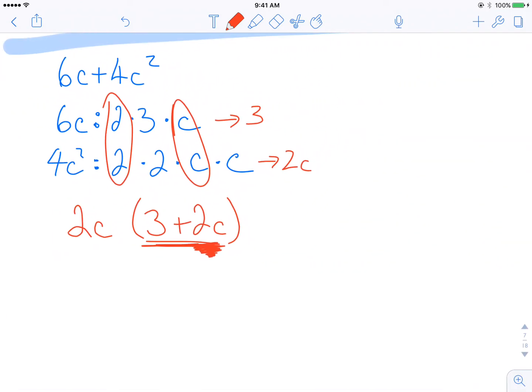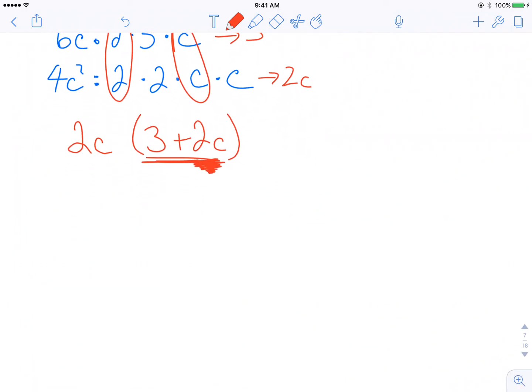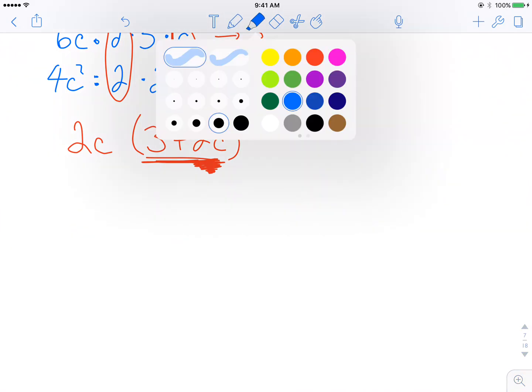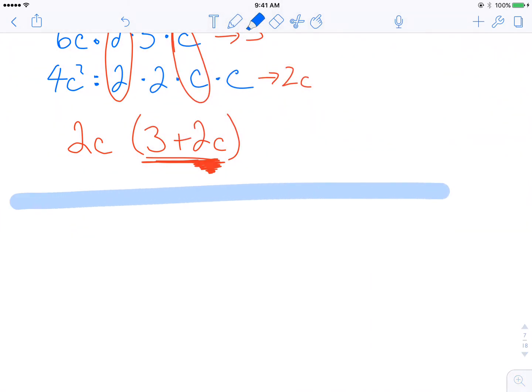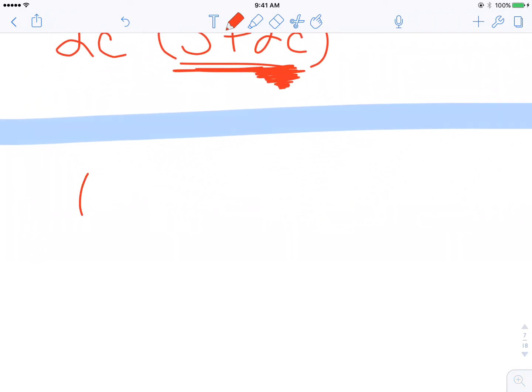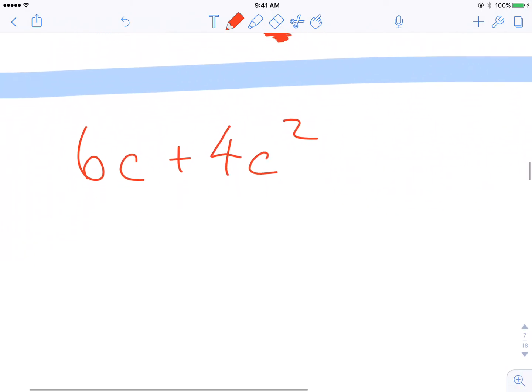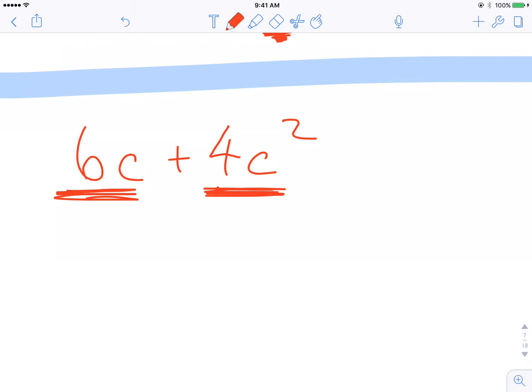Okay? So there's factoring 6c plus 4c squared using greatest common factor. You might eventually be able to get to the point where you think to yourself, if I know I'm factoring 6c plus 4c squared, what factor can I take out of 6c and 4c squared at the same time?